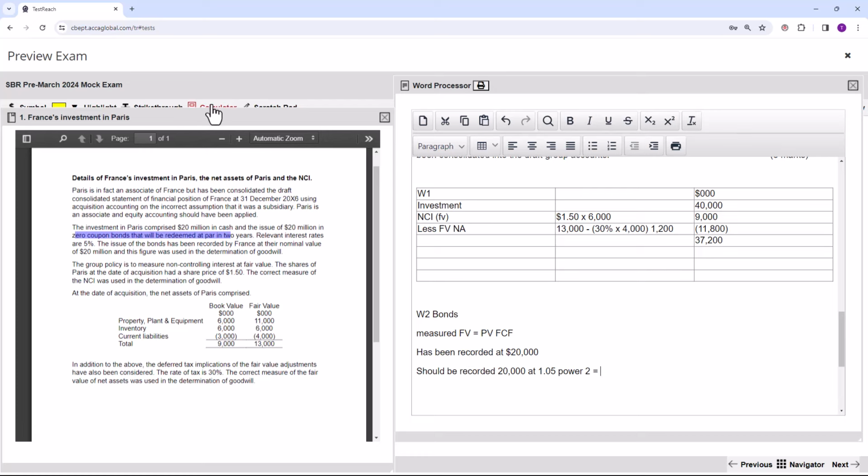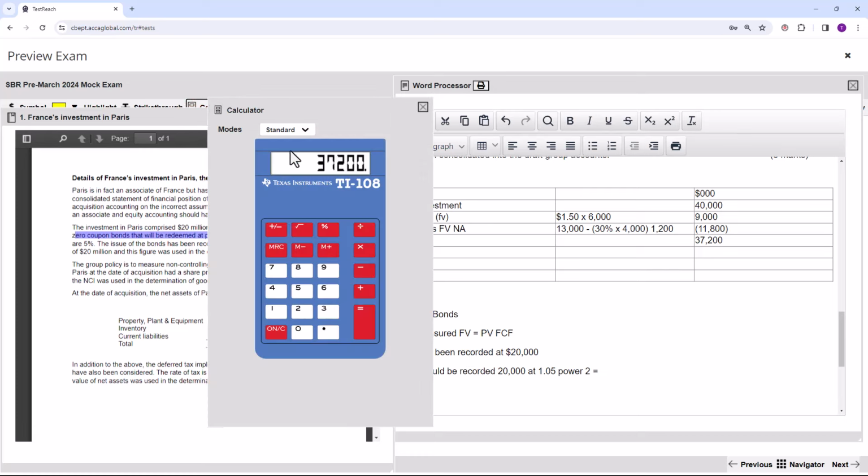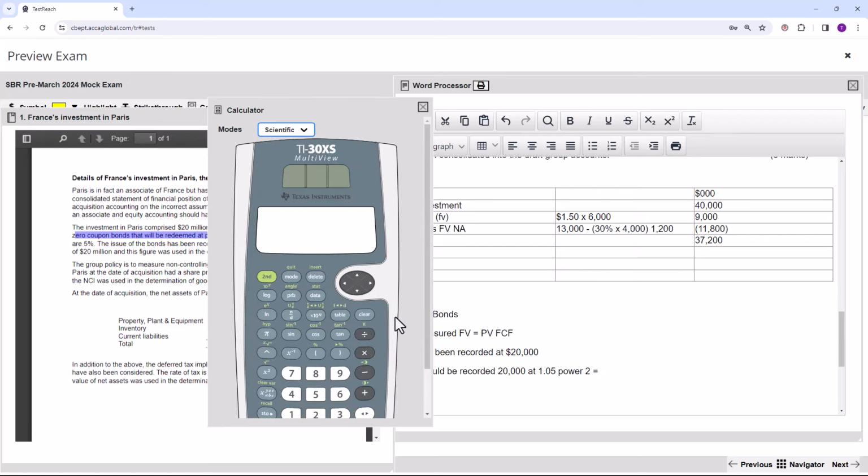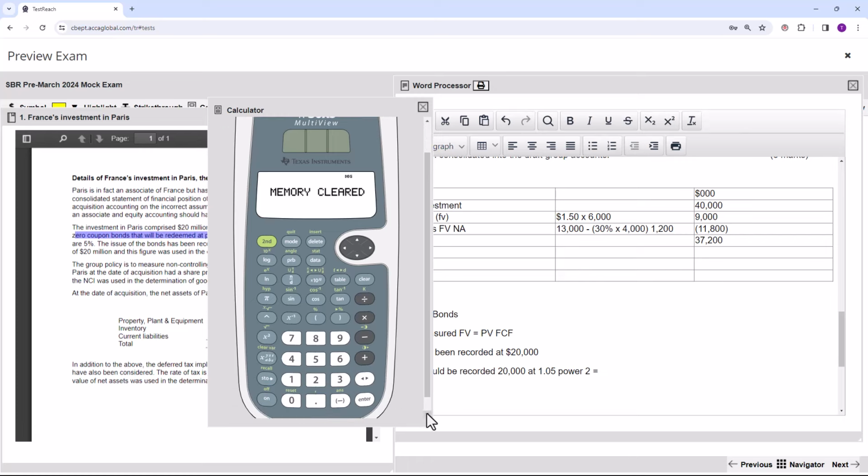Now, for me, the easiest thing to do would be to do it in a scientific calculator as follows. So we take the 20,000, we then divide that by 1.05, and we say that's to the power 2. So in fact, the amount of the liability should be 18,141.